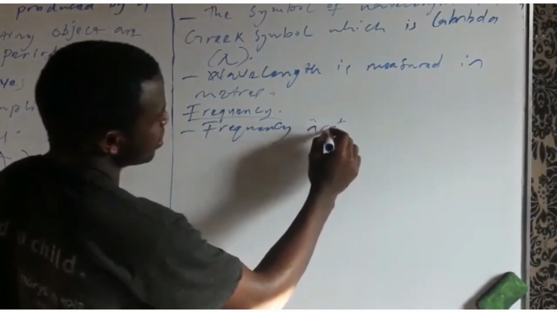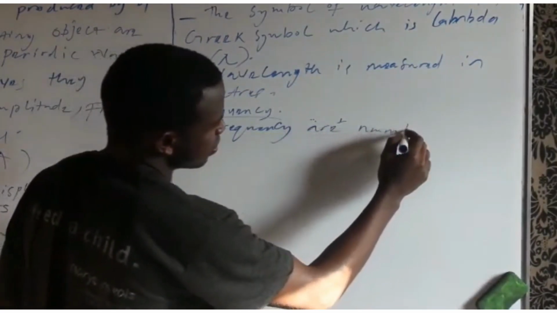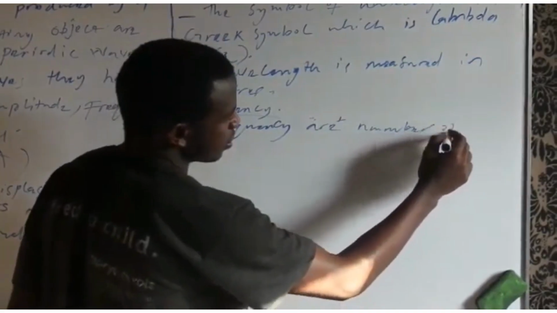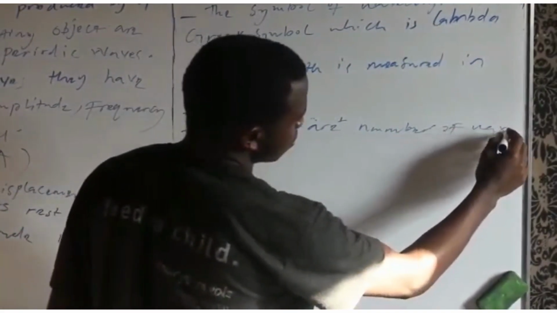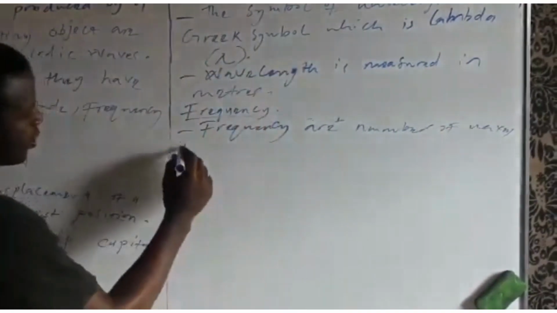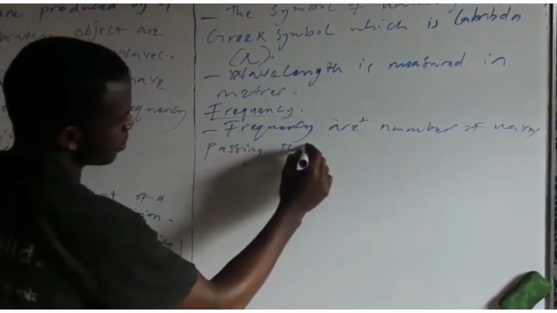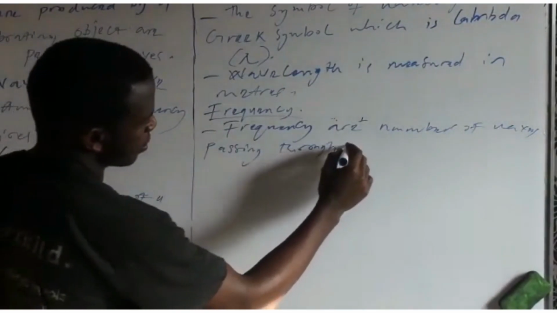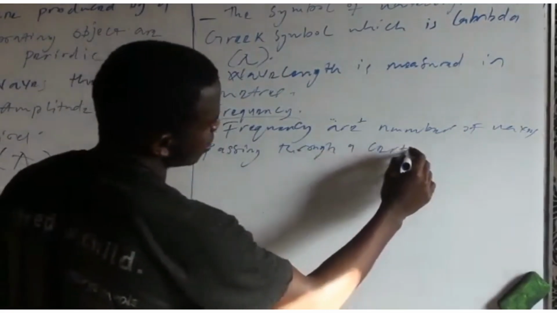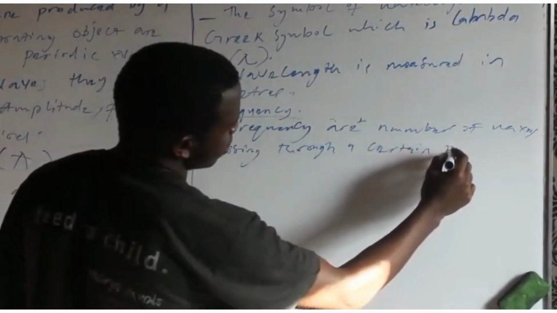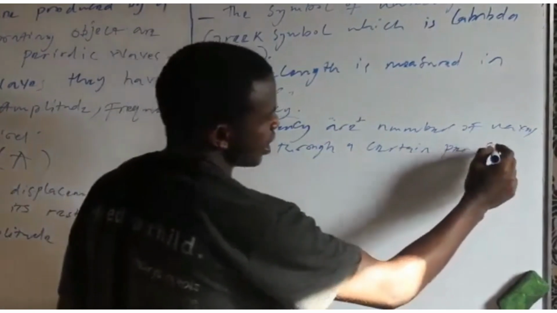So frequency is the number of waves passing through a certain point per second.